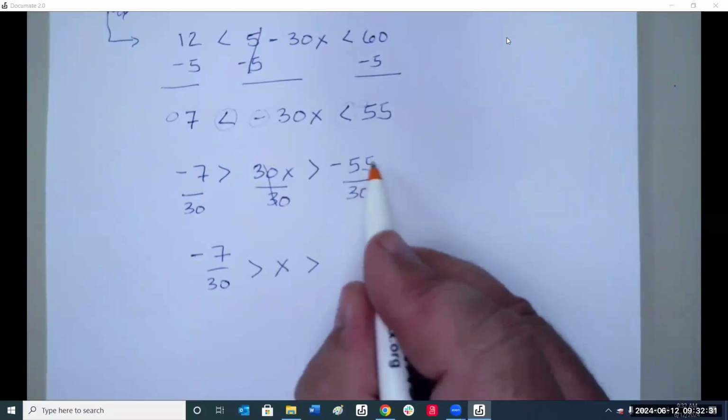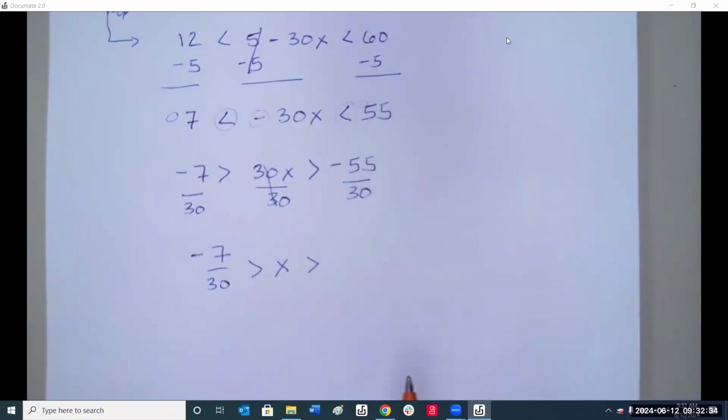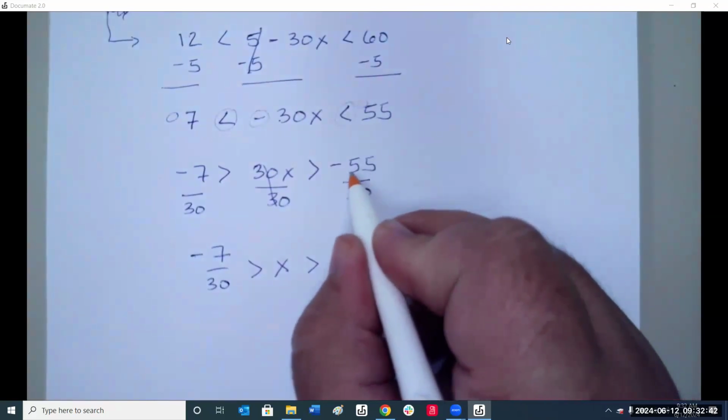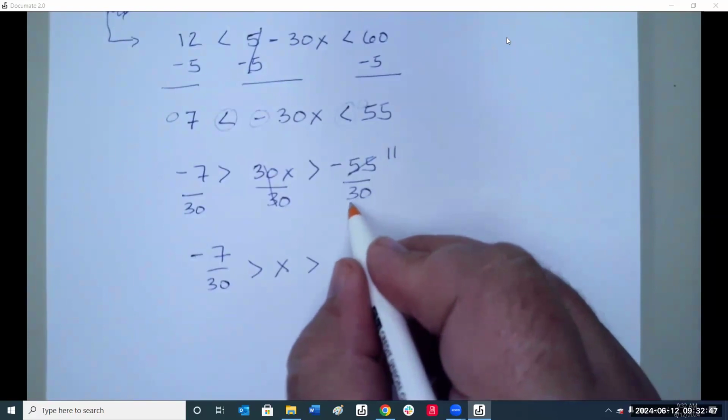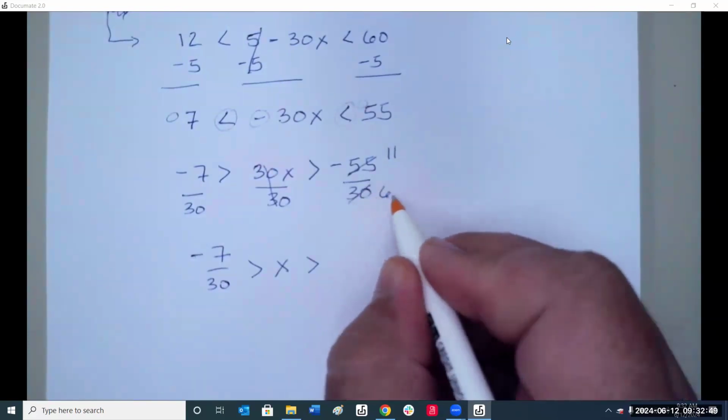Can we simplify in this other one? Yeah, they both have what in common? They both have 5. So 5 goes into 55 11 times. 5 goes into 30 6 times.